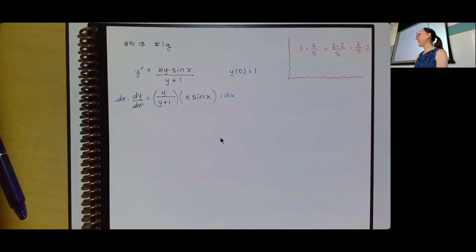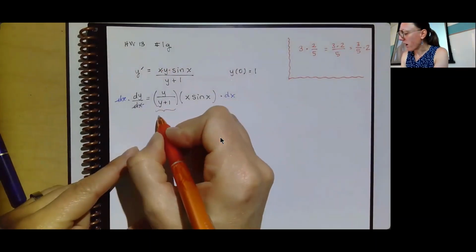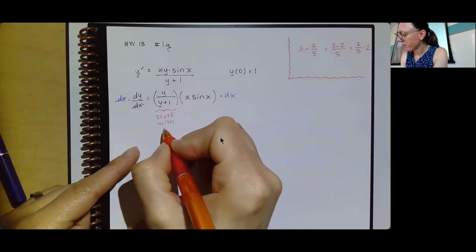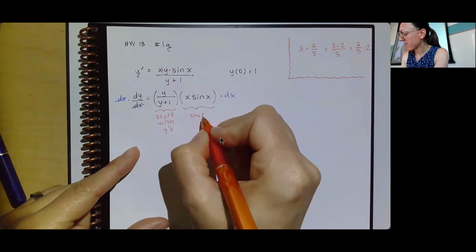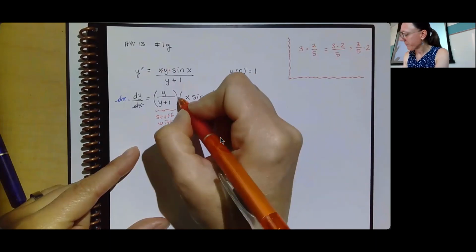Did you restate why it's how you know it's separable? Anytime I can write it as stuff with y's multiplied by stuff with x's, it's separable.